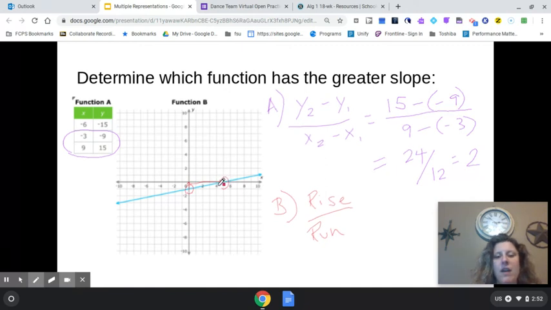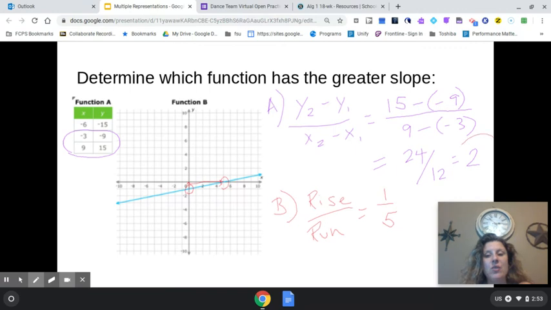So my rise is 1 and my run is 5. So now it's much easier to compare these two because I have numbers to compare now. We see that function A has a slope of 2, function B has a slope of 1/5, and 2 is definitely bigger than 1/5. So function A has the larger slope.